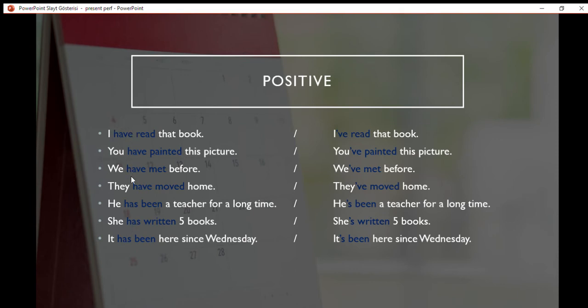So have and has here, they don't mean "sahip olmak", but they are the words for the tense, for the present perfect tense.